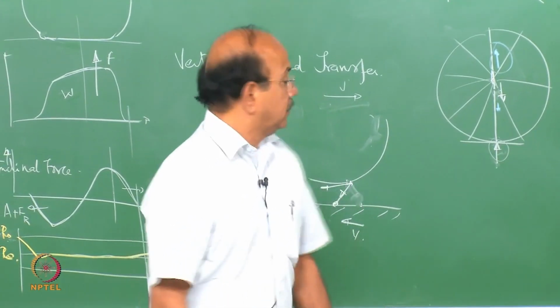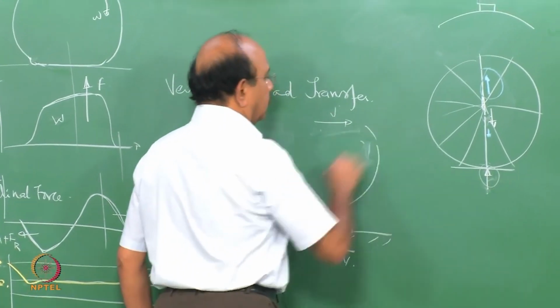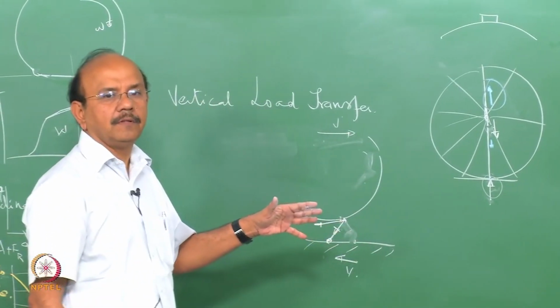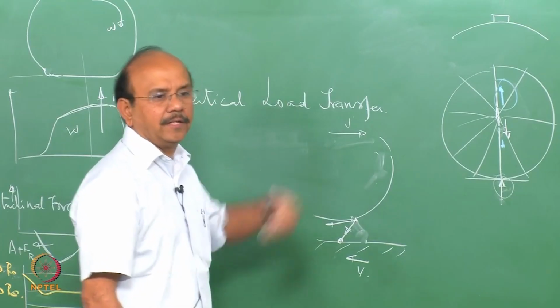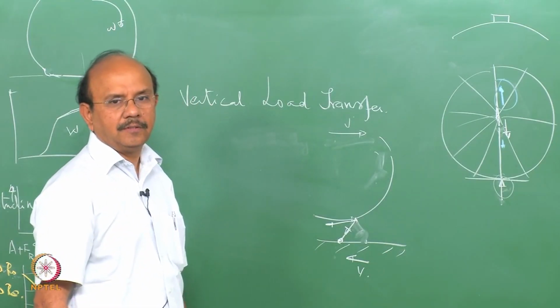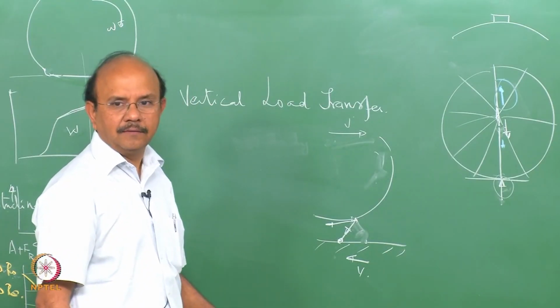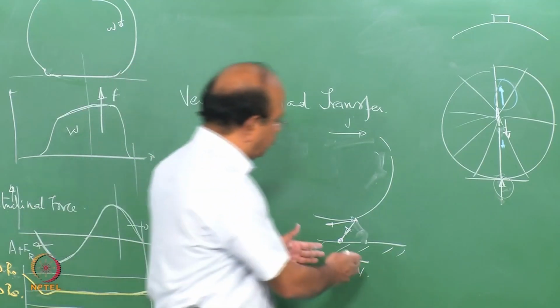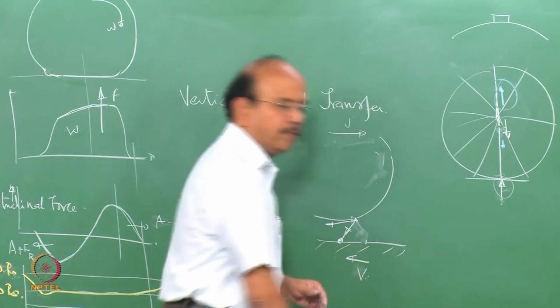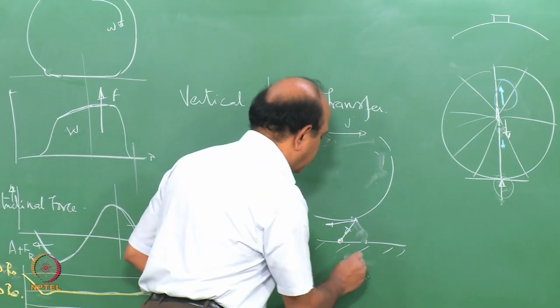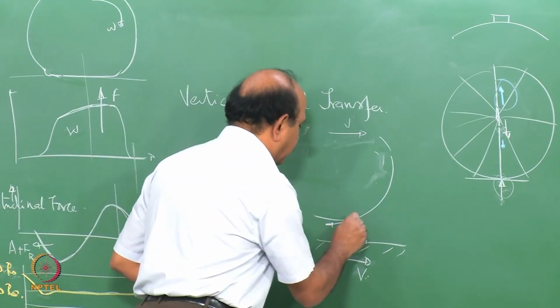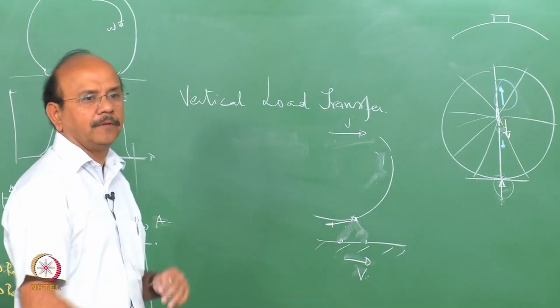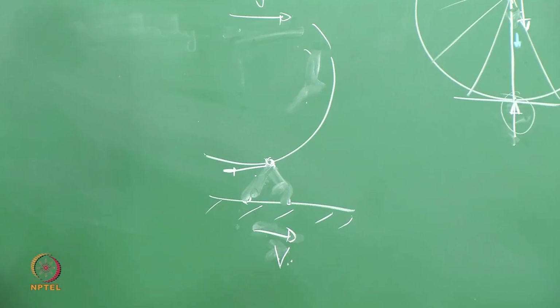Okay. Now the other extreme is during accelerating. In accelerating, there is a difference between this velocity, which will be in this direction, and this velocity at the rim. Now we understand this. So there will be a difference in velocity between the two, right?